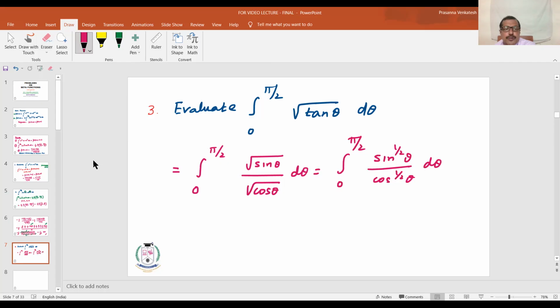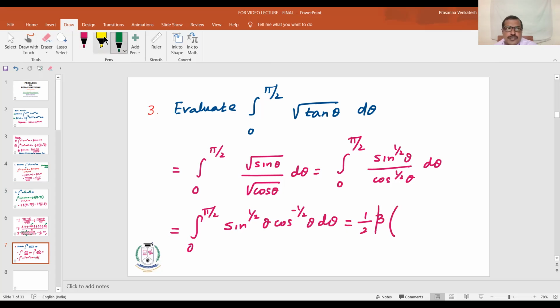Now bring everything to numerator. Integral 0 to pi by 2 sine power half theta cos power minus half theta d theta. This is equal to 1 by 2 times beta of (p plus 1) by 2, (q plus 1) by 2. Our p is 1 by 2. Our q is minus 1 by 2.